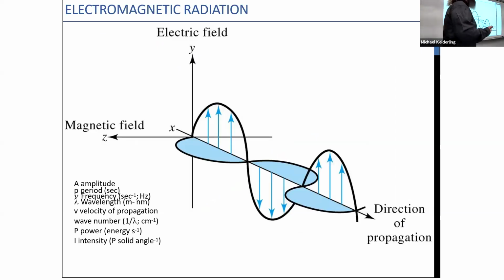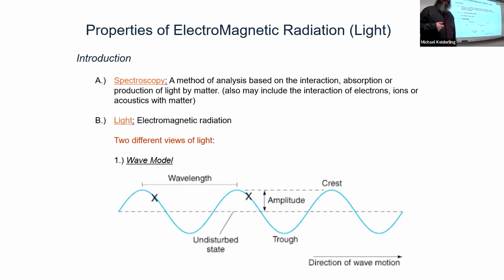So, electromagnetic radiation is the primary thing we're looking at. We're looking at the absorption of electromagnetic radiation. So there's a number of questions about electromagnetic radiation. Spectroscopy is a method of analysis based on the interaction, absorption, and production of light by matter. Light is electromagnetic radiation. You can look at it with a wave model or a particle model.